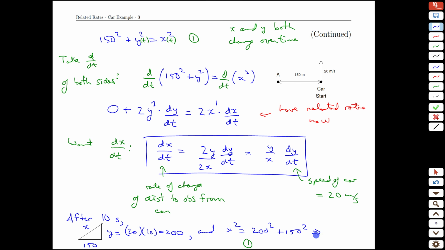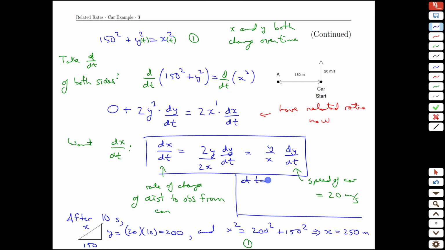And that leads to, with a bit of calculator work, exactly 250 meters. It goes with a 3, 4, 5 triangle if you're wondering why we got such a nice round number. And that's perfect. We have dx dt is this ratio here times the speed of the car, and we have x and we have y. So we'll just add this in the bottom here.